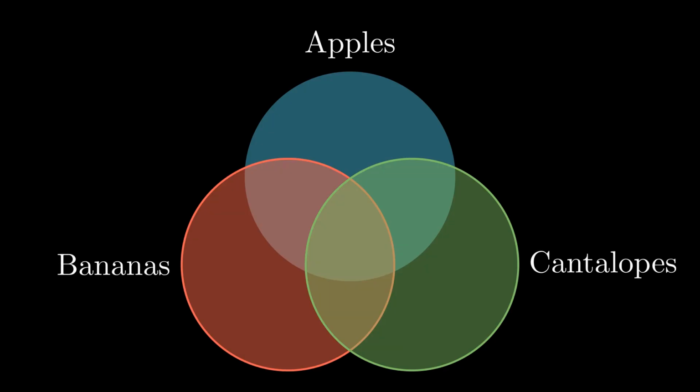Let's imagine a new survey. This time, the snacks are apples, bananas, or cantaloupe. We count up the votes and find that apples got 70 votes total, including overlap, bananas got 60, and cantaloupe only got 35. Apples and bananas got 20, apples and cantaloupes got 5, and bananas and cantaloupes got 10.